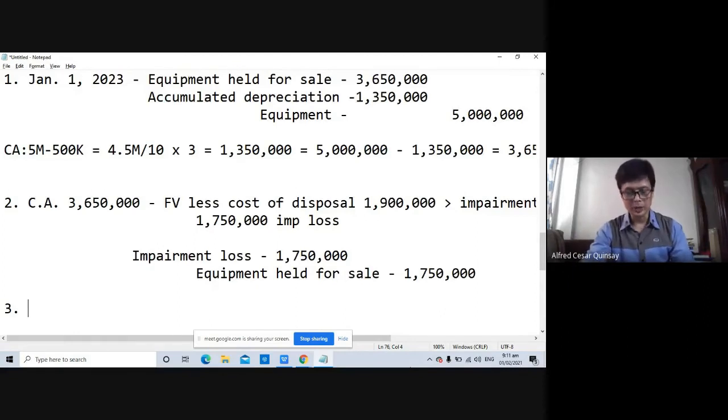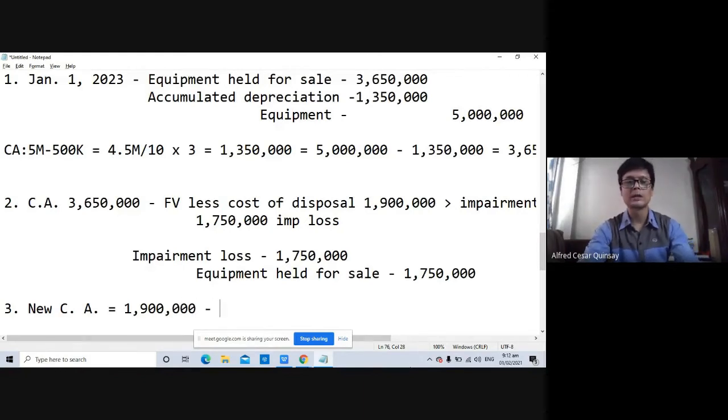The fair value less cost of disposal is the new carrying amount because of the impairment loss. The new carrying amount is 1,900,000, which we computed above, which is less than the previous carrying amount.